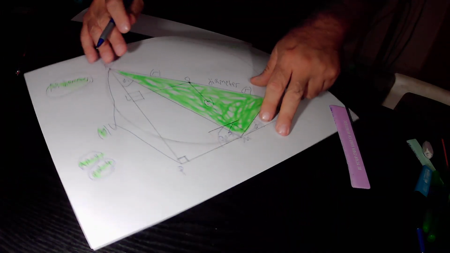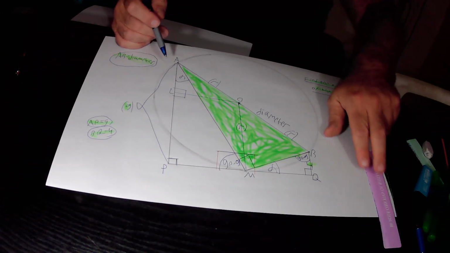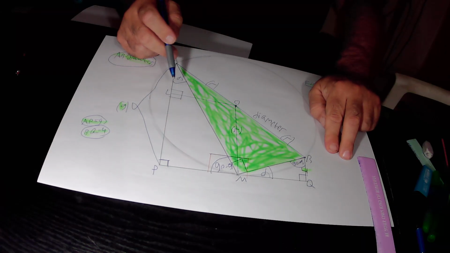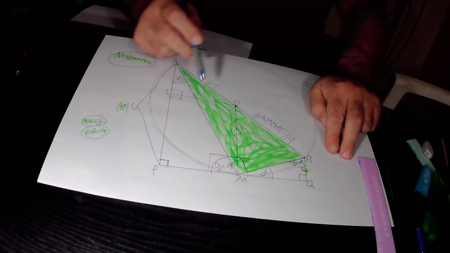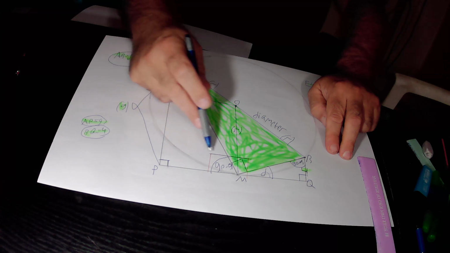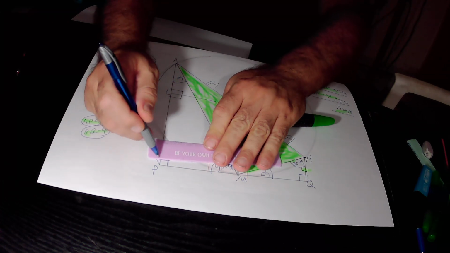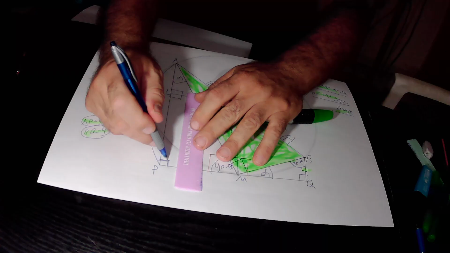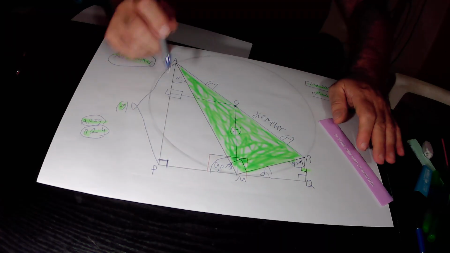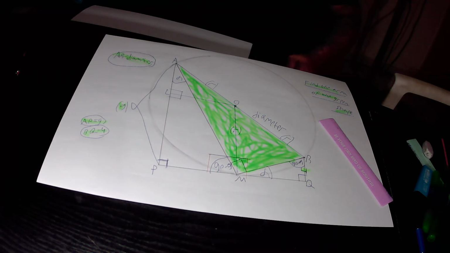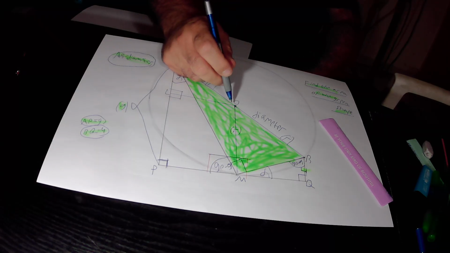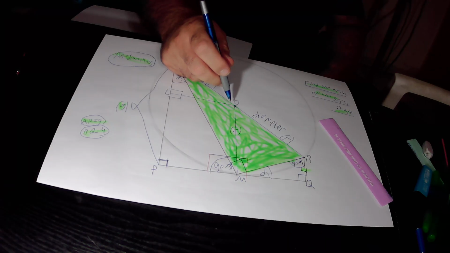By doing this construction, we get the big quadrilateral LOMP. Inside the big quadrilateral LOMP, we have 1, 2, 3 right angles. The sum of 3 right angles is equal to 270 degrees. So 270 degrees plus the size of this fourth missing angle must in total be equal to 360 degrees, according to the rule that states that the sum of the angles in any quadrilateral is equal to 360 degrees.